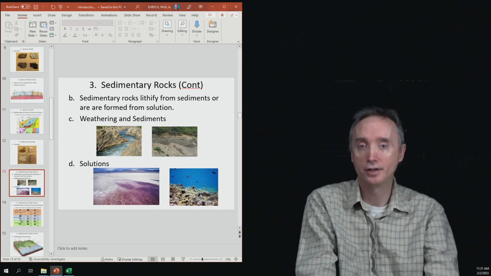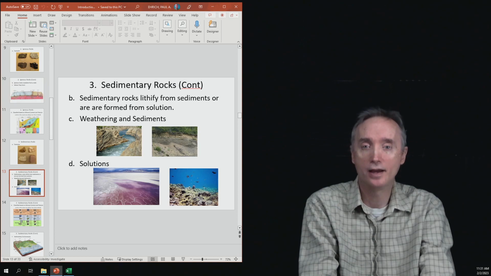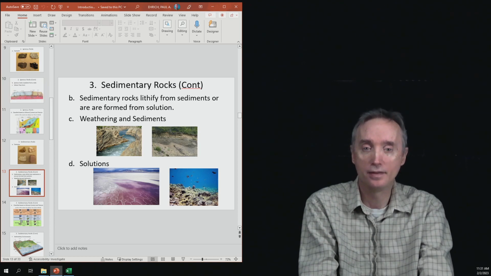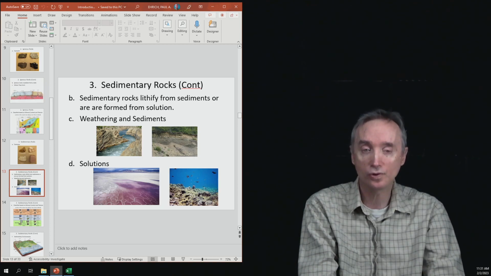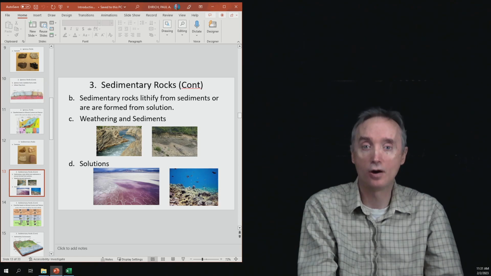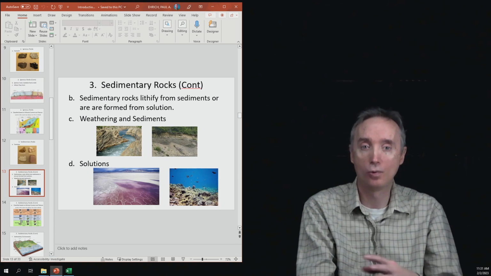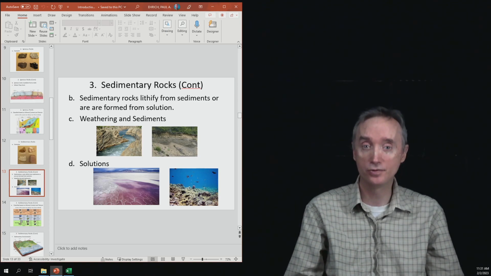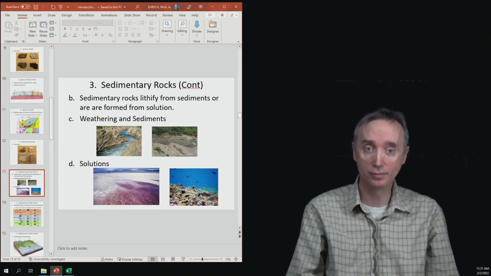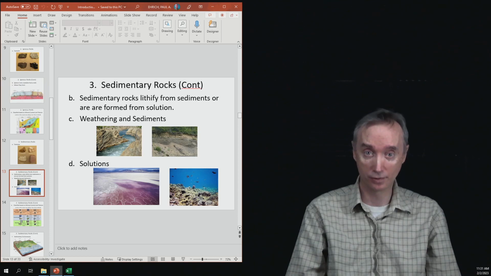The other possibility is a solution, so that whenever you have a mineral and then it undergoes chemical weathering, it could turn out that ions could come off the minerals, and then they get into water, and then they are washed either into a lake or an ocean, and then those ions can recombine to turn into crystals of another kind of mineral.